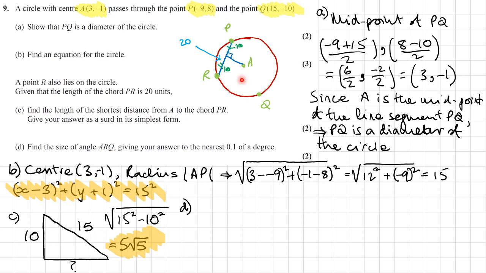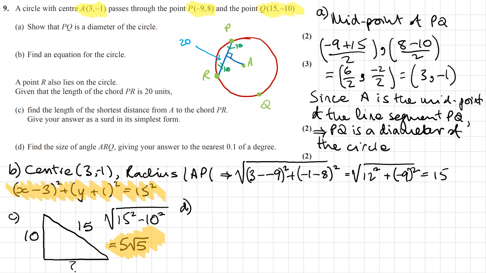So angle ARQ, let me draw that on, is going to be something like this. So I want to find this angle here. I'll draw it in a thinner line because I'm going to have to put some other things on here so you can see what's going on.